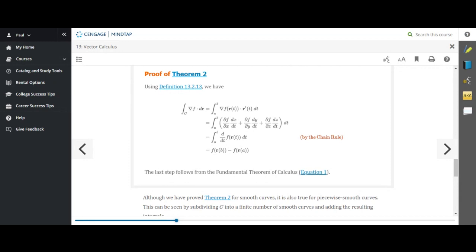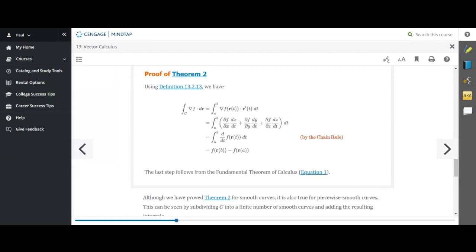And what this really means is you have what's called independence of path. Okay, you have independence of path when you compute the work.